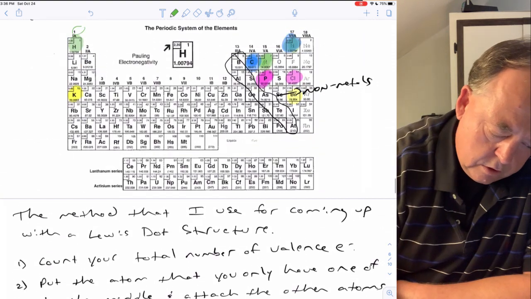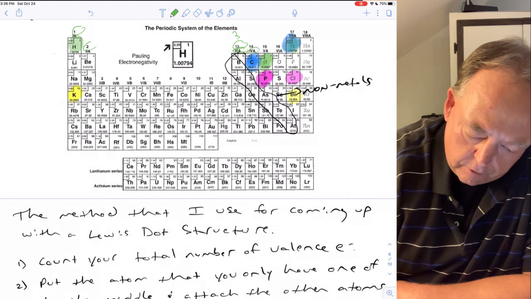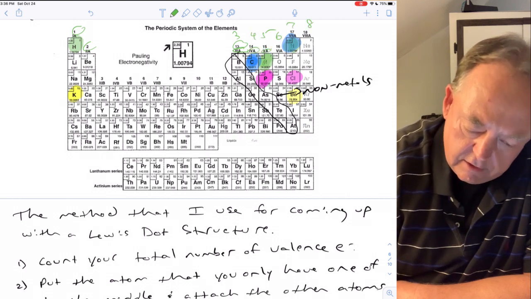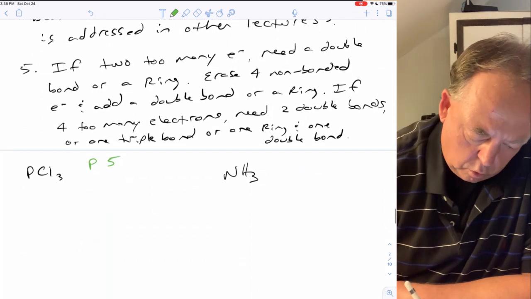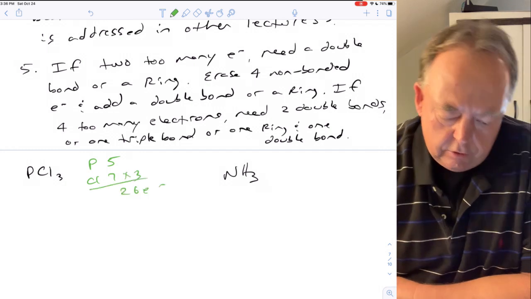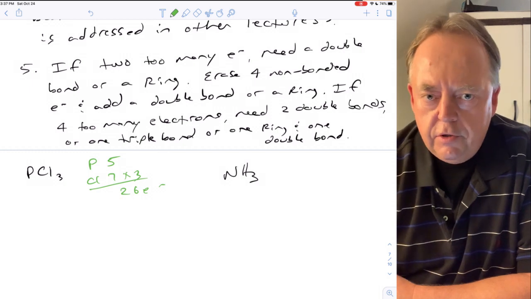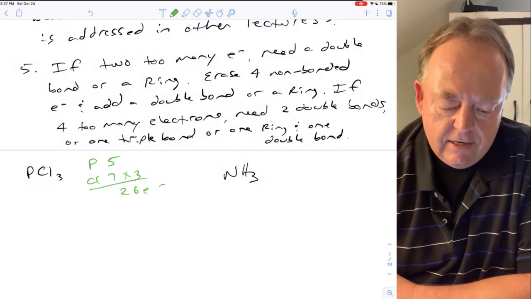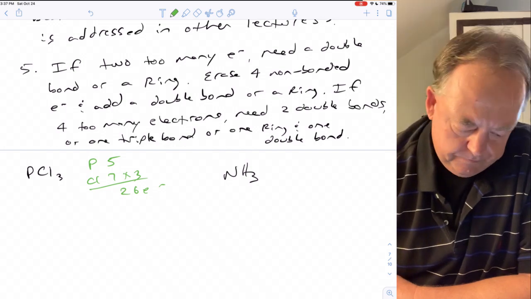So 3A, 4A, 5A, right? 4, 5, 6, 7, and 8. So phosphorus has 5 valence electrons, and chlorine has 7, and there's 3 of those. So there's 26 electrons. So when you draw the structure of this molecule, it better have 26 electrons in it, bonded and non-bonded electrons, or it's wrong.